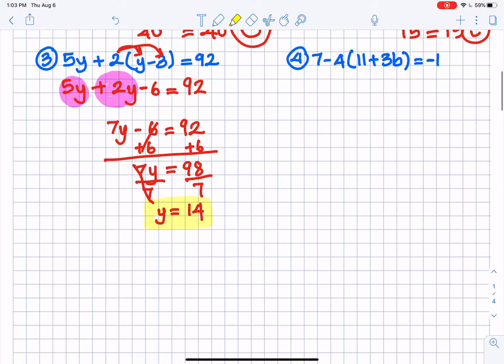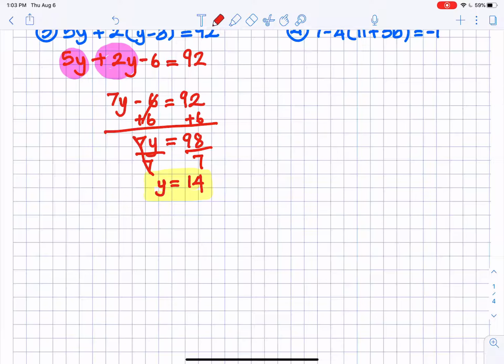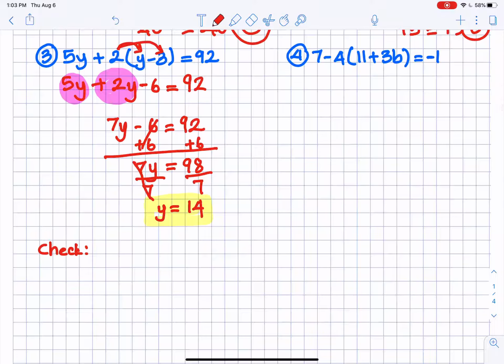So let's check if we got this right though. Let's do a check here. I'm going to take y equals 14 and I am going to substitute it for y in the original equation.